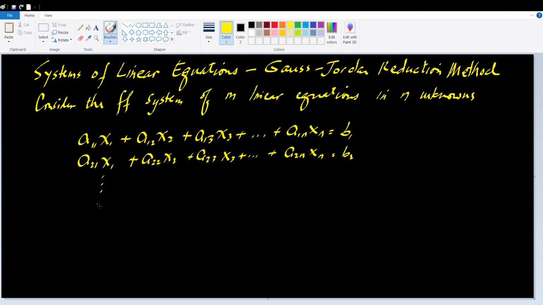Until the m-th equation, a sub m1 x1 plus a sub m2 x2 plus a sub m3 x3 plus and so forth, a sub mn xn equal to b sub m. Let us now define the following matrices.